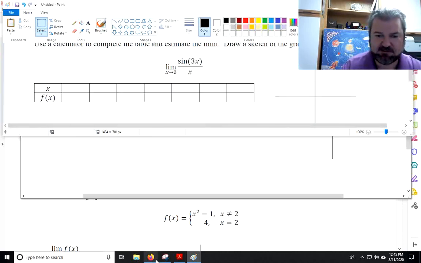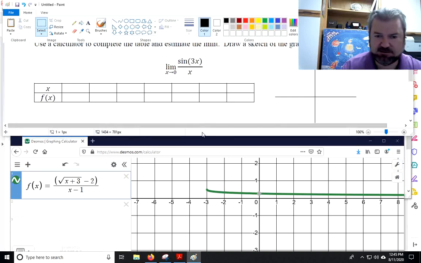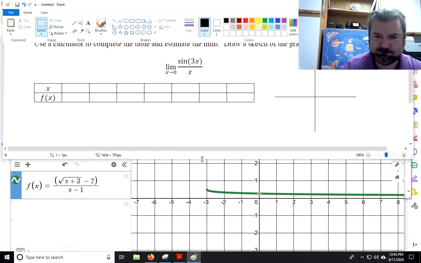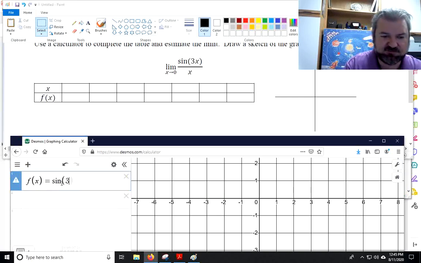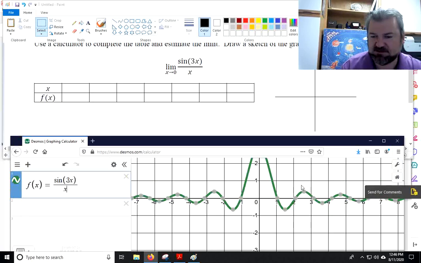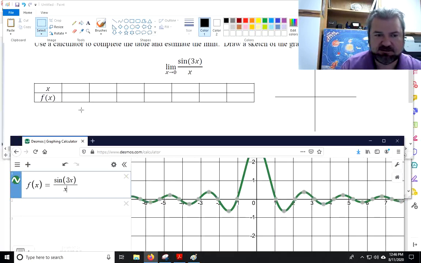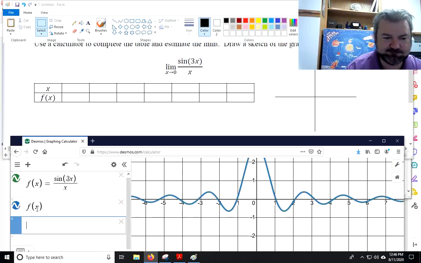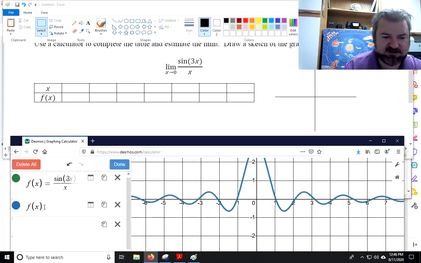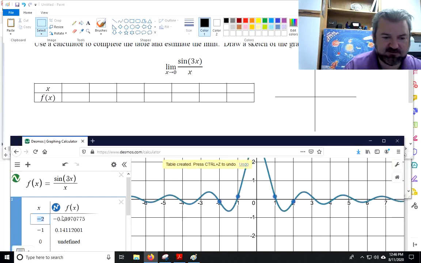All right, and I've got my Desmos ready to go when I need it. So this time my function is the sine of 3x over x. Kind of a neat looking graph, right? But let's go straight to our table of values. Click on settings and then click on the table there. And we need to plug in values close to 0.